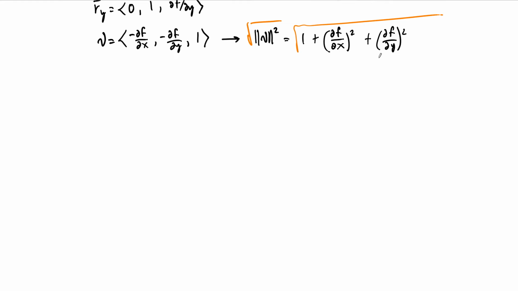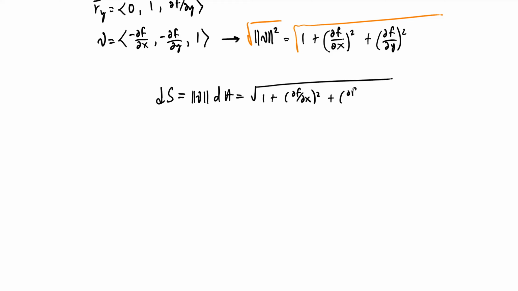And what we find then is that our dS, our surface area element, which is always equal to the length of nu dA, is just equal to the square root of 1 plus (df/dx) squared plus (df/dy) squared, times dx dy. This is dA, so it could be in any order you want right there.